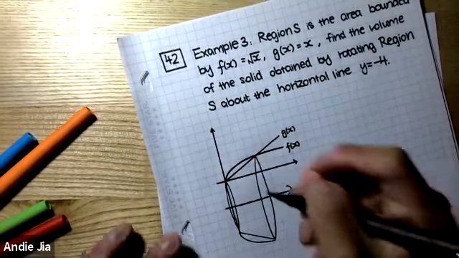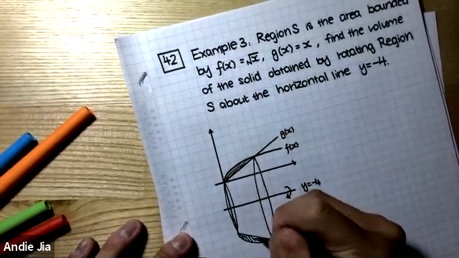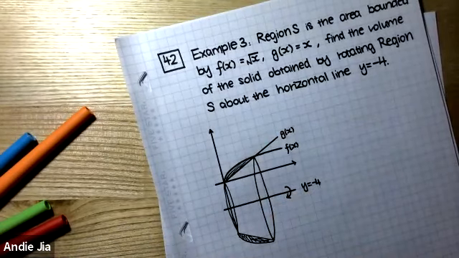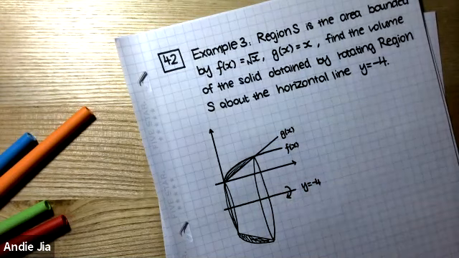This should be a washer. Here's the cross-section area, a washer rotated about the horizontal line y equals -4.